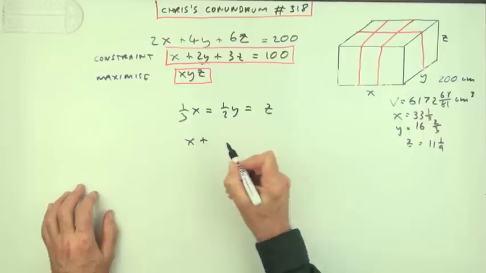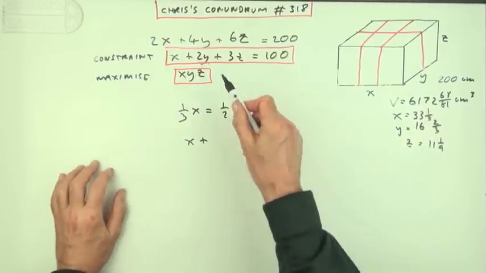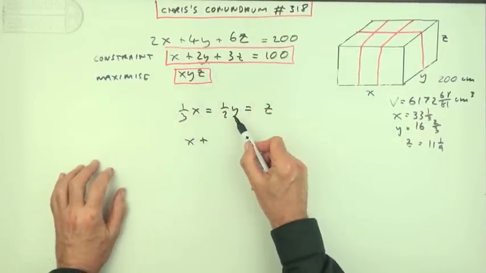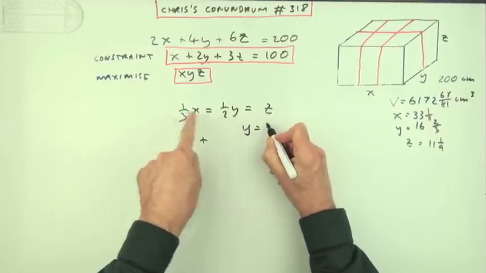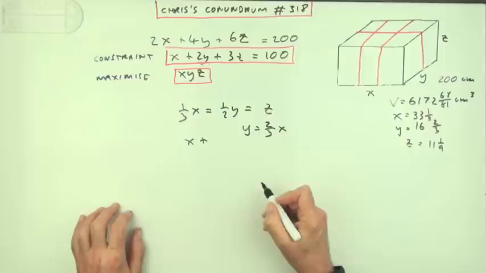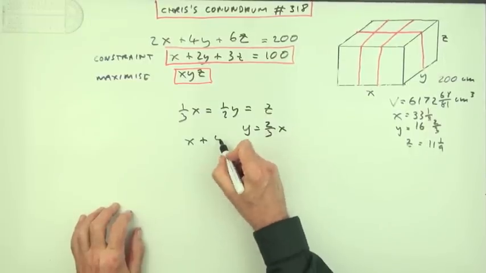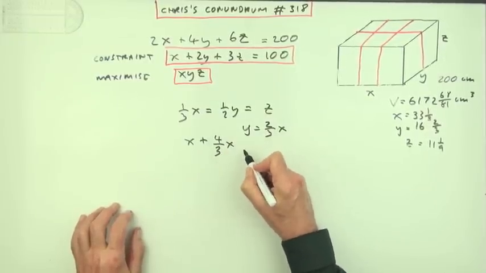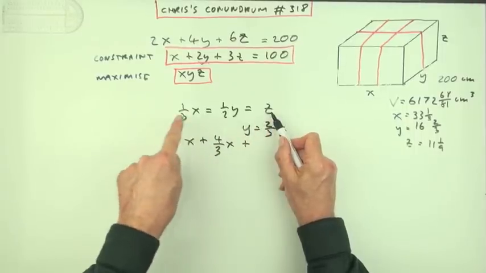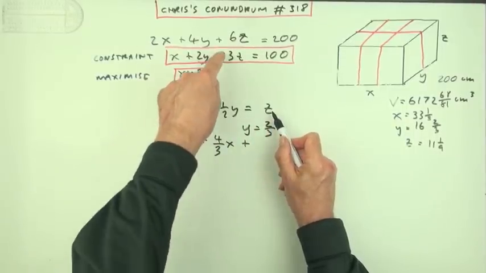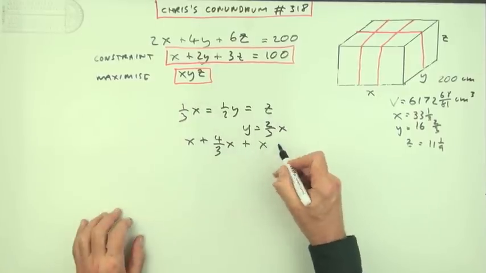Well, if I call x x, then 2 lots of y, well, what is y to begin with here? Y would be 2/3 of x. So 2 lots of y will be 4/3 of x. Plus, now z is 1/3 of x, but 3z will be 3 times 1/3, so that's another x.